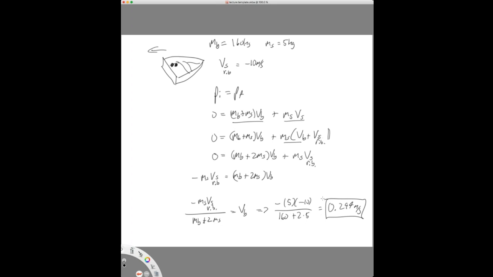However, when we throw the second stone, the story's a little different. So what happens when we throw the next stone is we now have a P initial. And the P initial is the mass of the boat plus the mass of the stone times the speed of the boat that we just found. So there's the boat plus one stone, all moving, and that becomes our system.